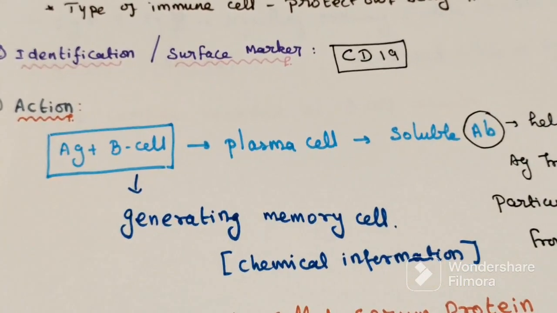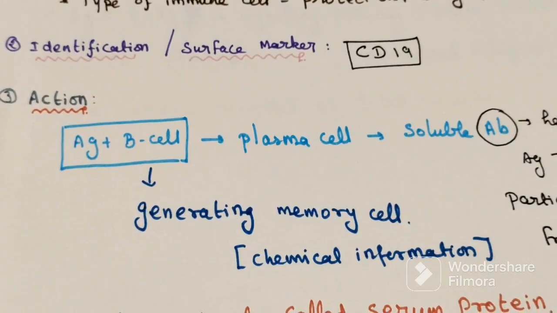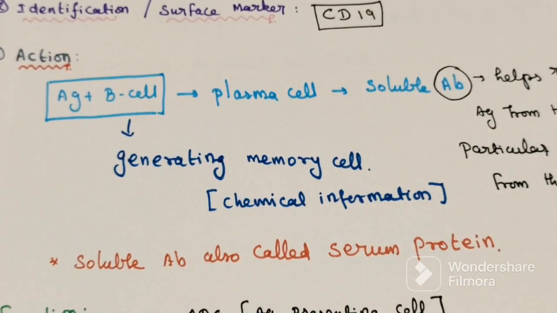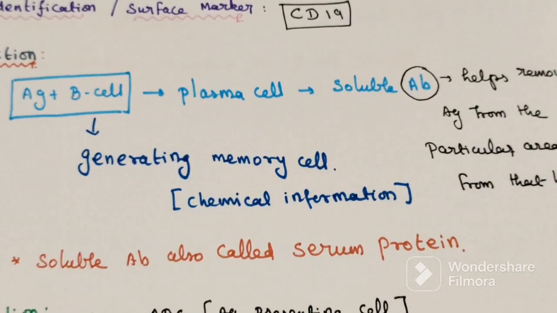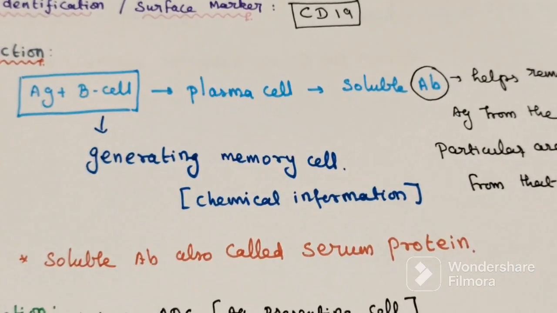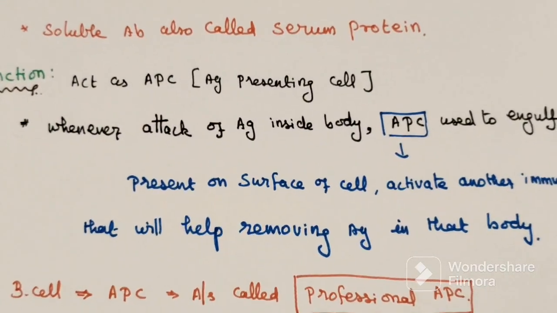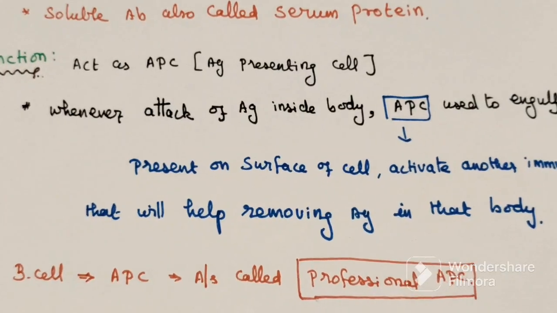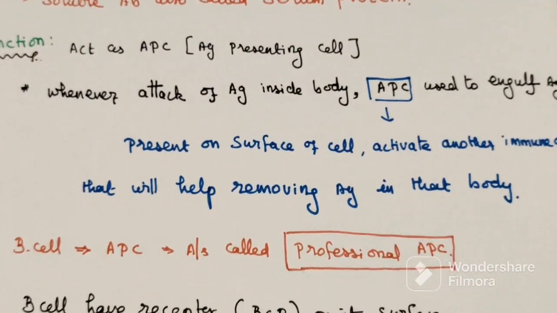If we talk about action, whenever they encounter antigen, they convert into plasma cells which secrete antibodies, known as serum protein. Along with that, they are capable of forming memory cells. They are also known as professional antigen presenting cells because they are very efficient in presenting the antigen in processed form.